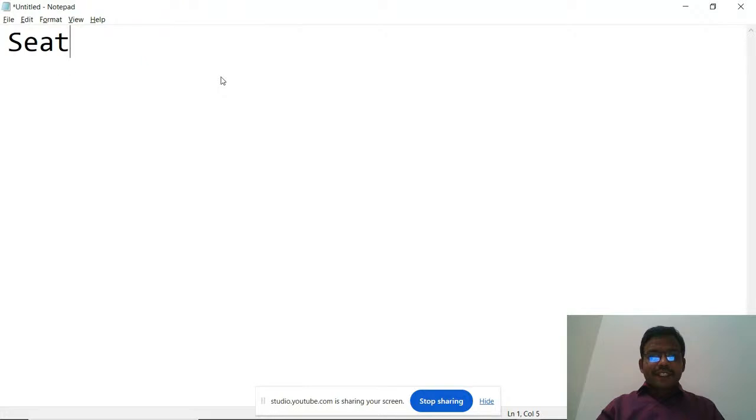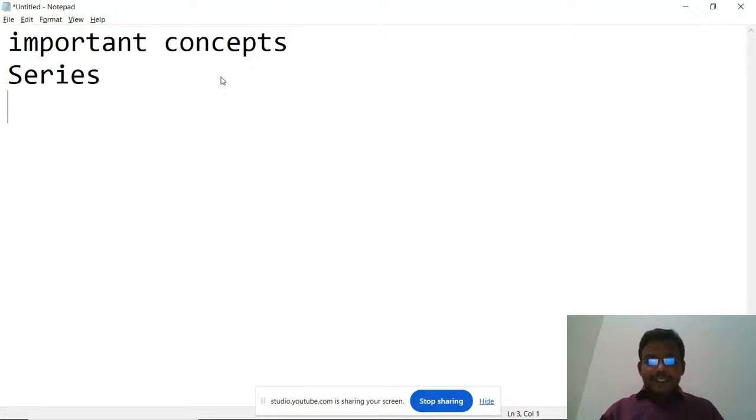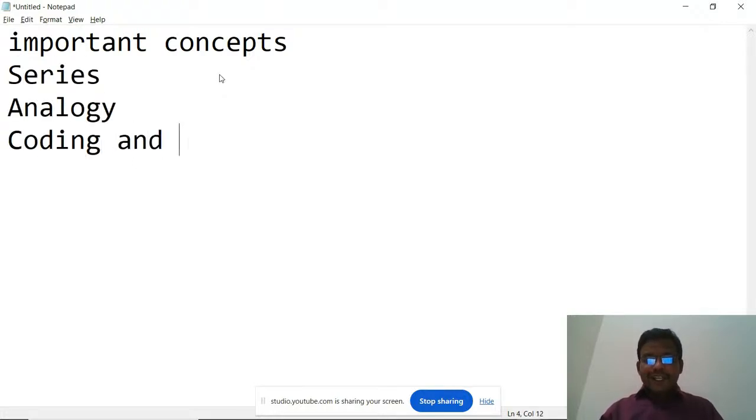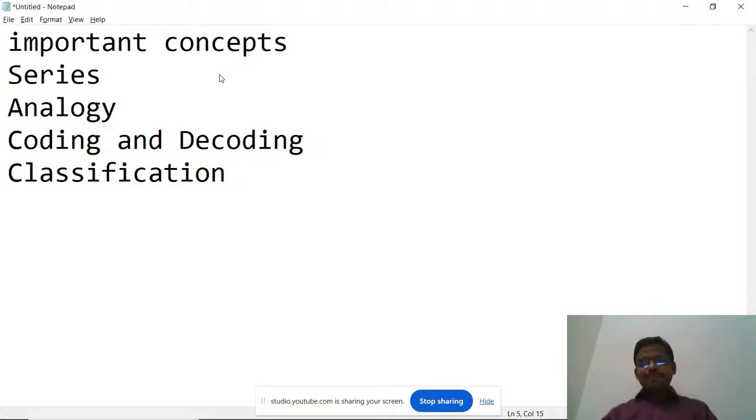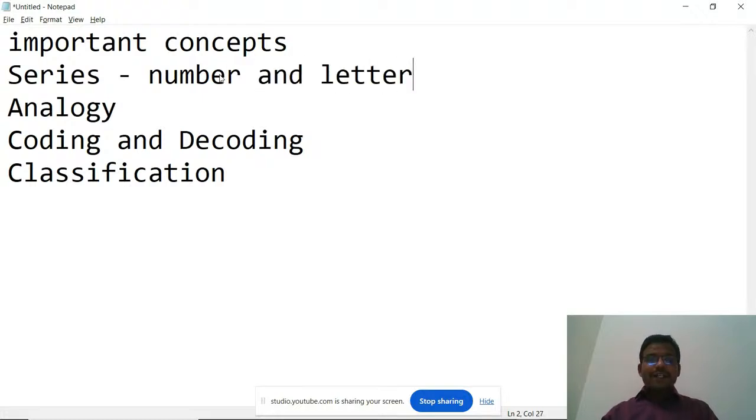So the basic and important concepts are series, analogy, coding and decoding, and classification. For these four topics, we have a common introduction, and every concept is related to both numbers and letters.